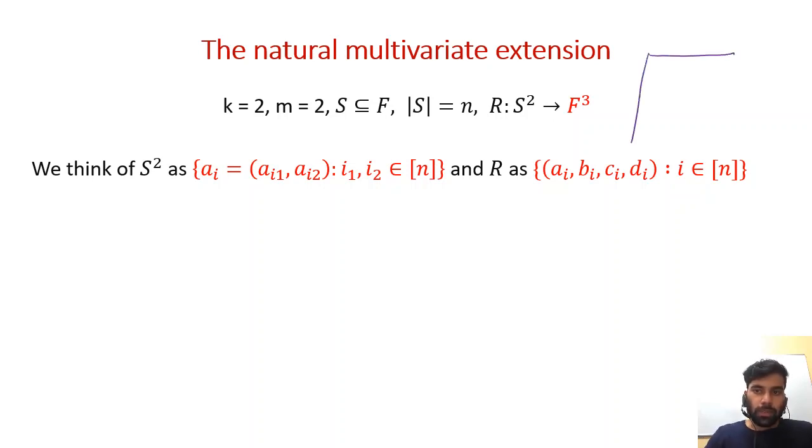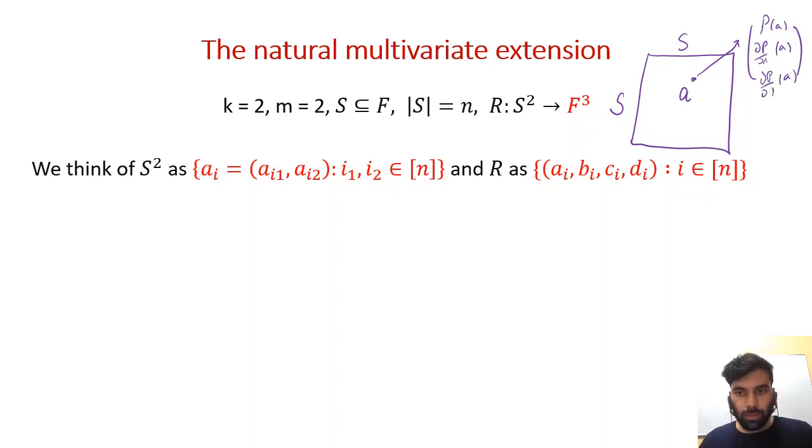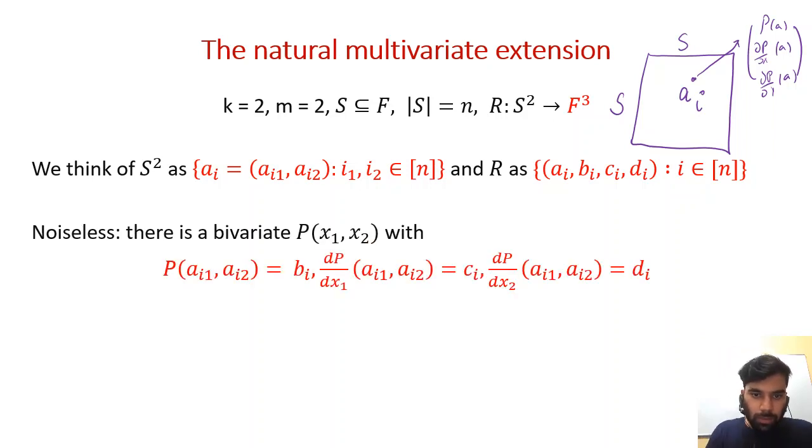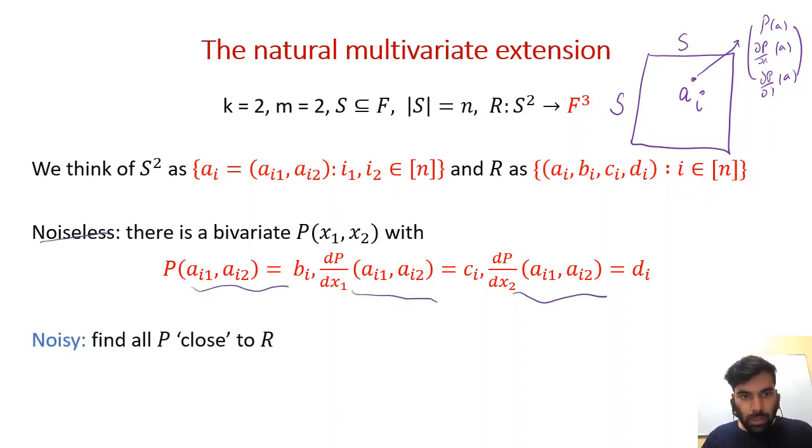So let's say that we have this word R evaluated on S cross S, where at each point A, we are given three values which are supposedly P at A, and the derivative of P in the two different directions at A. So we will think of AI as the point where we are evaluating, where AI itself is a two tuple, and then BI, CI, DI represent the various derivatives and the value of P itself, had things been noiseless. However, we again want to do noisy interpolation.